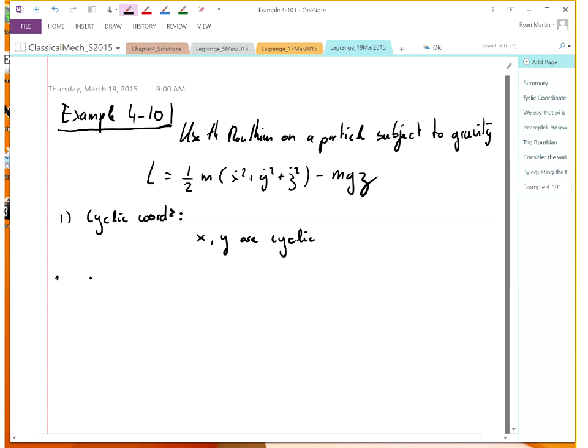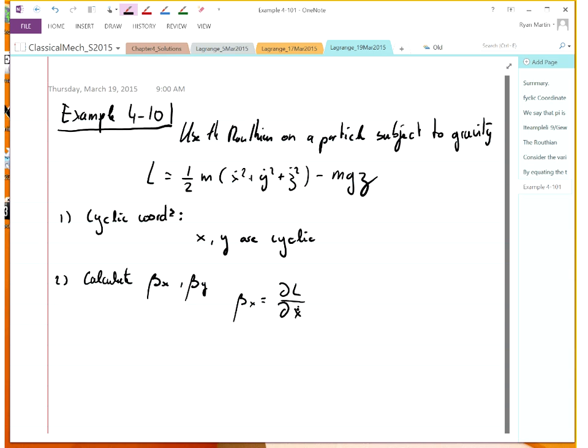So we must now calculate beta x and beta y. Those are the things that are conserved for the corresponding cyclic coordinates. So beta x is equal to dL by d x dot. Remember, betas are just the value of the conjugate momentum. The conjugate momentum is conserved, and it stays equal to the value beta.